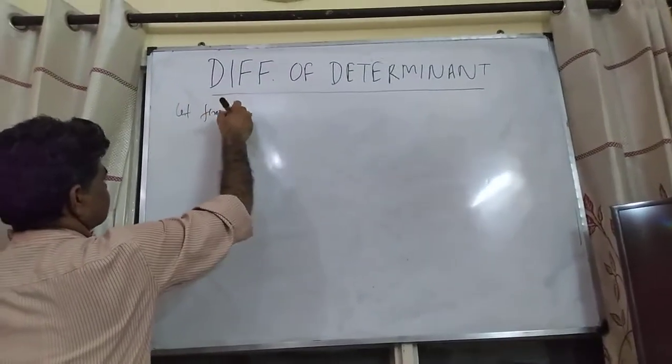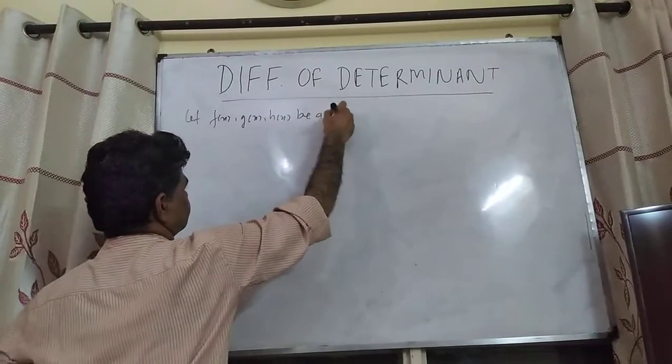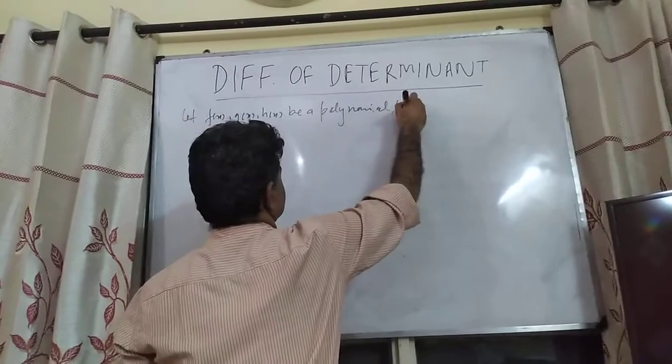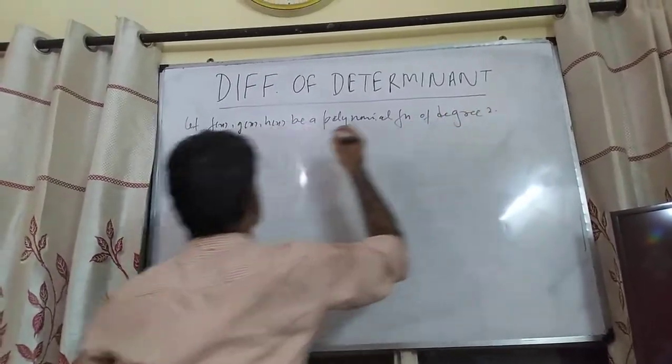Let f(x), g(x), h(x) be polynomial functions of degree 2.